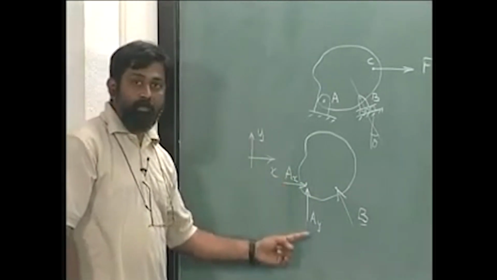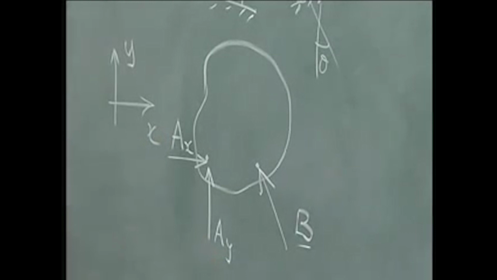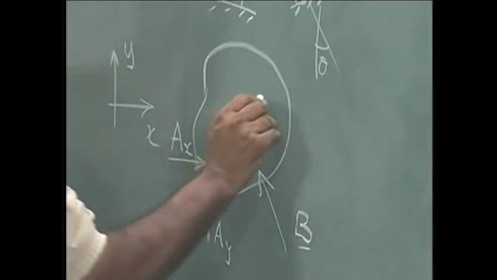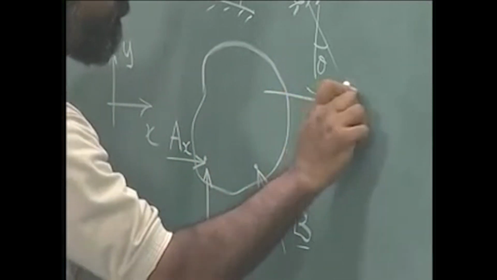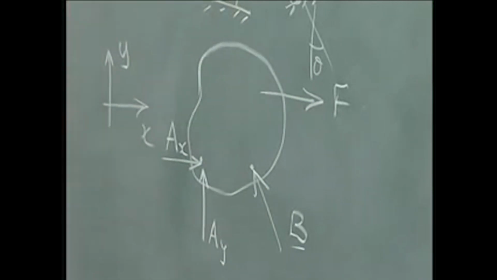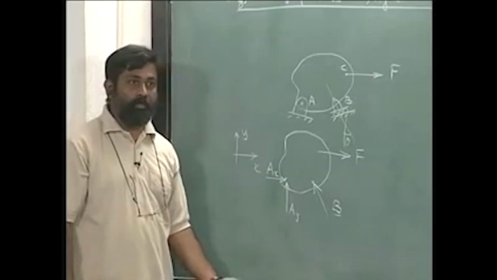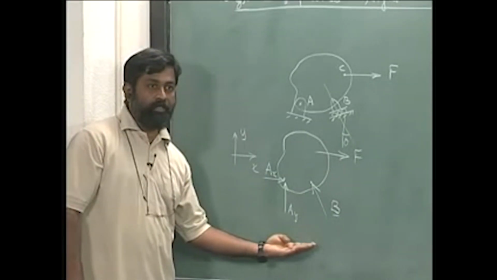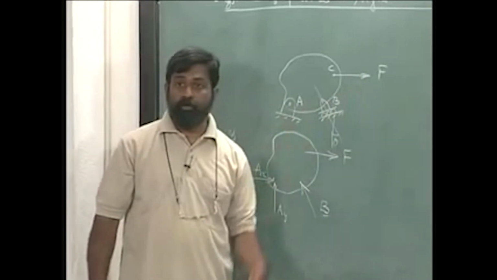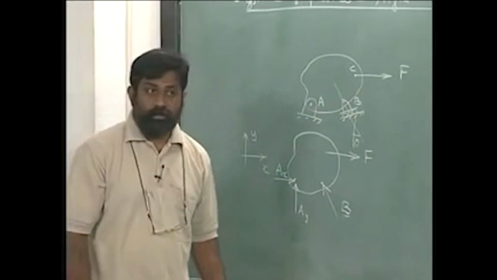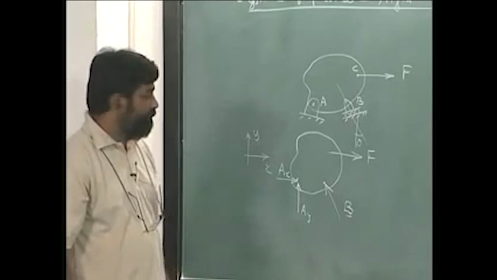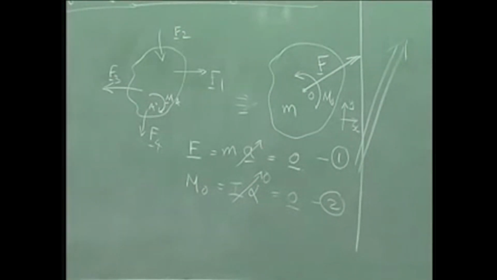Here the two unknowns are Ax and Ay. So if I complete it, this shows the free body diagram. This free body diagram is essential in order to solve for the unknowns using systems of equations. So let us write it down.